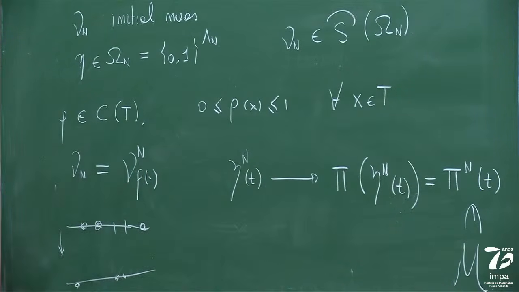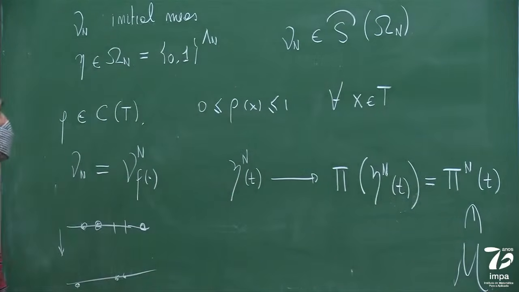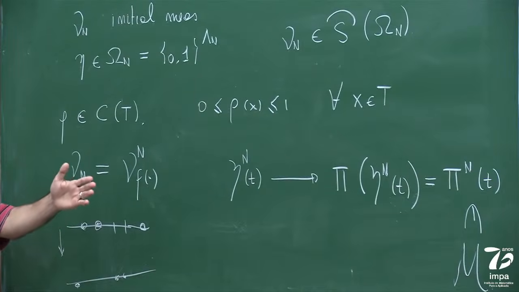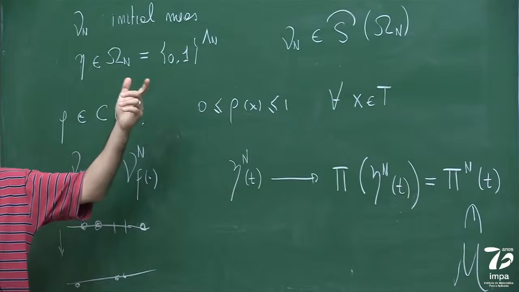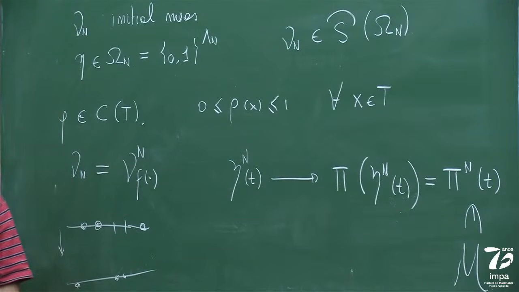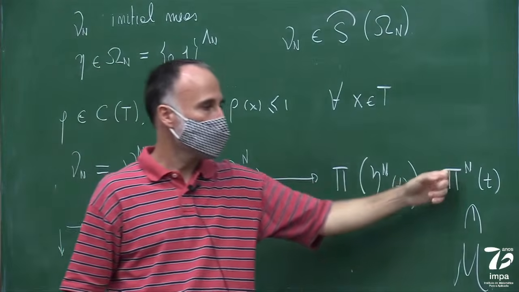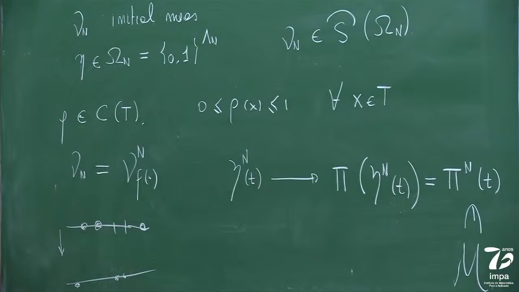Okay? So it's an evolution. But now, the advantage between eta and pi of eta is that the state space of eta was changing. For each n, it was omega n. This space was changing. Now pi n, for all n, takes values in the same space, which is the space of measures.